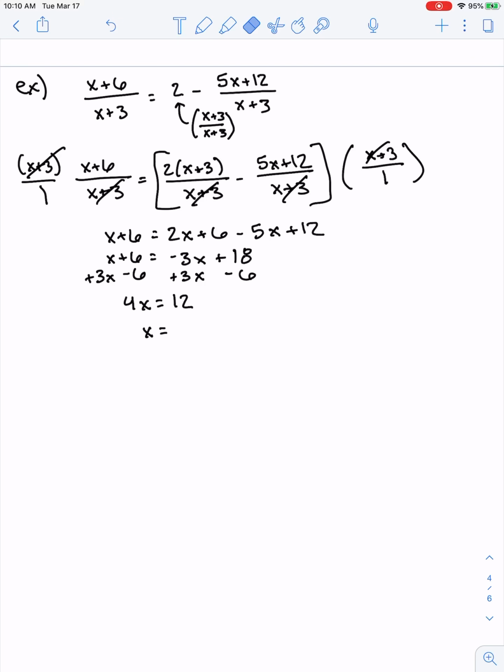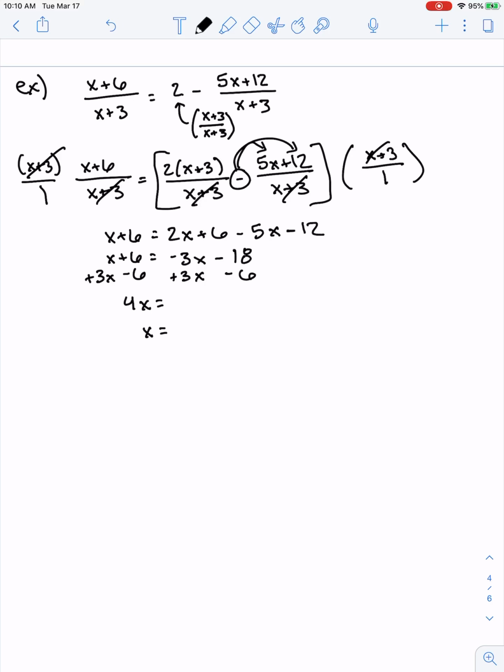I didn't distribute this negative here. Shame on me. This negative has to distribute to this 5x and to this 12. So this is a negative 5x minus 12.